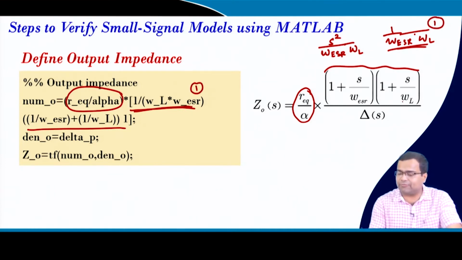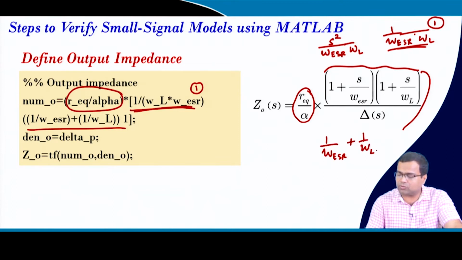Then what is the second coefficient? If you take the second coefficient, it is 1 by omega ESR plus 1 by omega L, and the polynomial will be S, and this is our second coefficient.